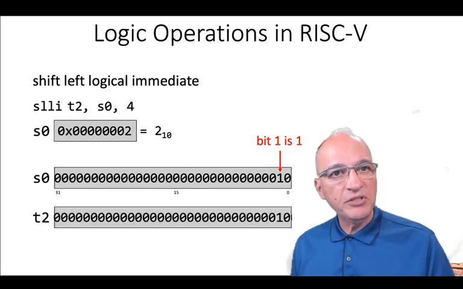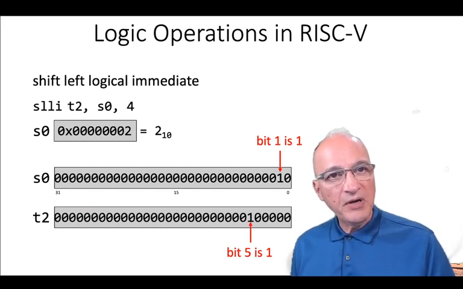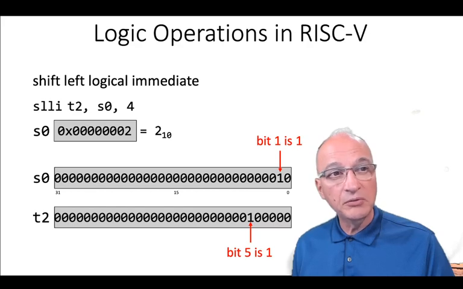So after shifting this number to the left by 4 positions, the bit 5 will be equal 1. There will be 4 bits equal 0 that got inserted on the right-hand side, for the least significant bits of the word. And the 4 most significant bits that were 0 have been lost.